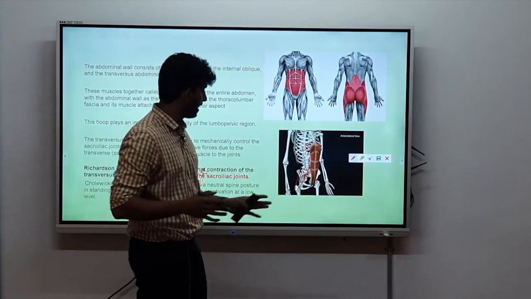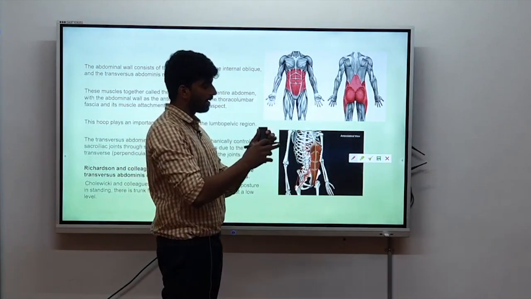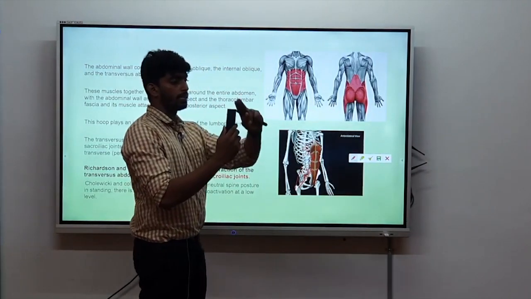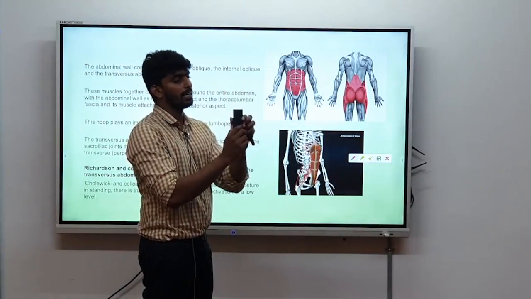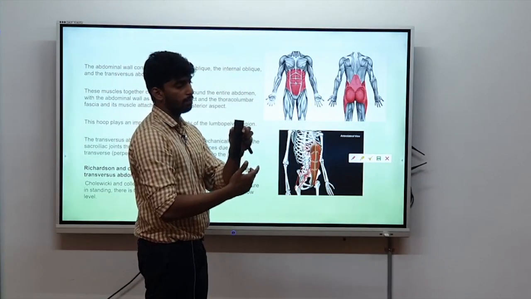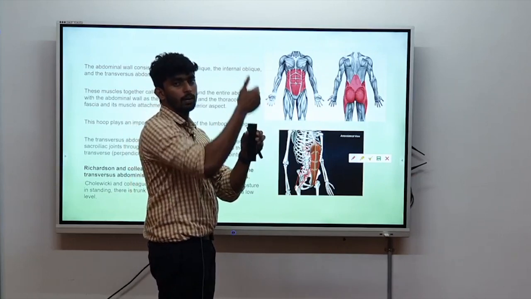Just listen properly. If your abdominals are not working properly or are getting weaker, just imagine this as the hip. The abdominal muscles are in front. This is the anterior part of the hip and this is the posterior part of the hip. Abdominal muscles are situated over the anterior part of the hip.